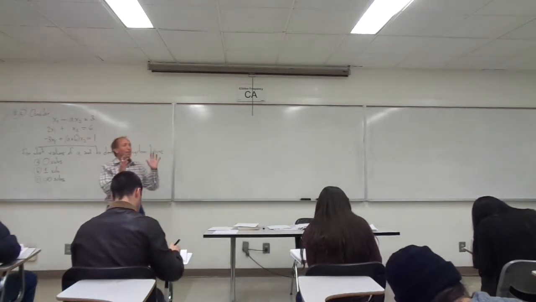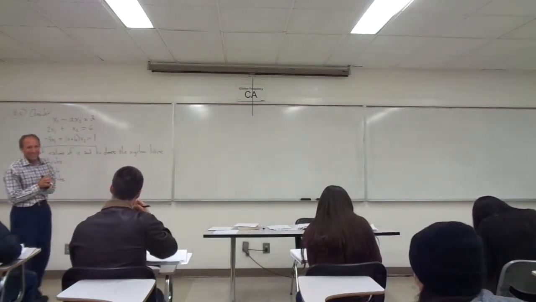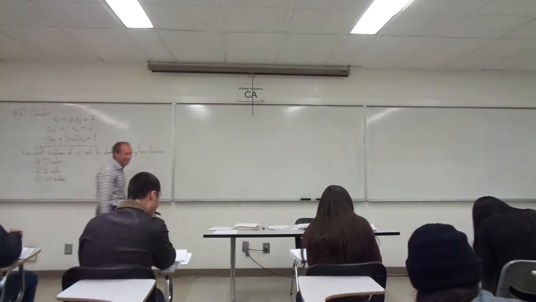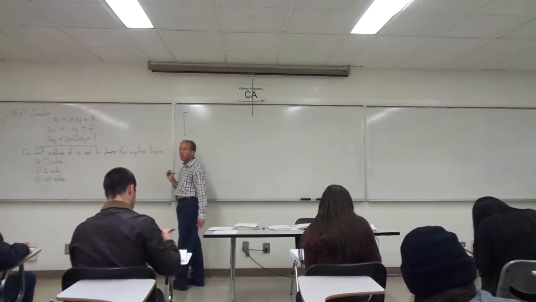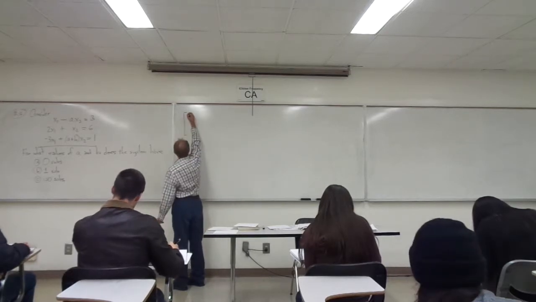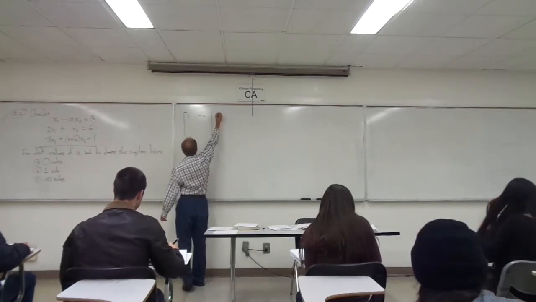What do you think is the very first thing you should probably do? Exactly. When in doubt, put it into a matrix. So what does your matrix look like? What's the first row? And augmented with 3. Very good.